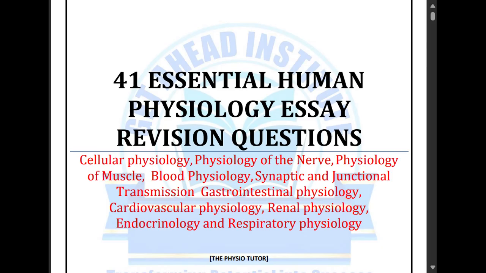So, with regards to test one, physiology CAT one, topics include cellular physiology, nerve physiology, synaptic and junctional transmission, muscle physiology, and I think blood physiology.